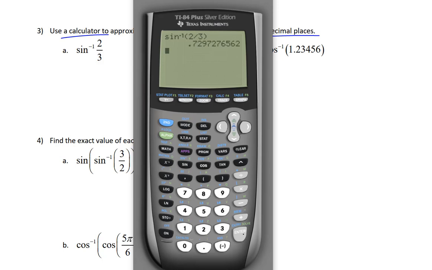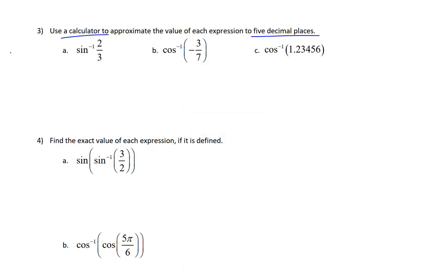Now we're going to hit enter, and as long as we're in radian mode, it will spit out the approximate decimal value we're looking for. And of course, these instructions said to round to 5 decimal places. So according to what our calculator showed me, that would be approximately 0.72973. So 0.72973 is the value rounded to 5 decimal places that the calculator gave us.